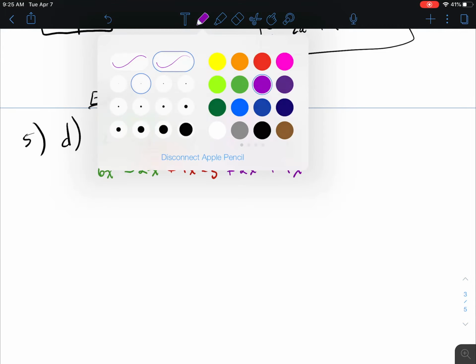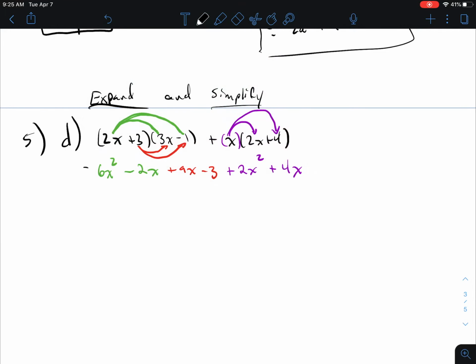So I suppose this is your line in which you are doing all the expanding work. And then your next line is, okay, let's reorganize this so that I can collect all the like terms. I'm going to group the x squareds together, group the x's together, and then have the numbers by themselves. So let's rewrite this line. 6x squared plus 2x squared, that takes care of these two.